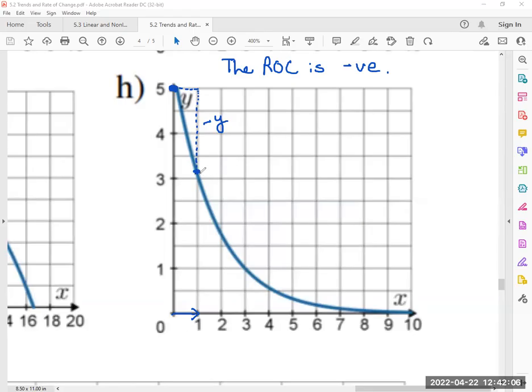If I move again 1x towards the right, my y value had to decrease, and so on and so on. You get me? So yeah, I'm going down. So the answer is the rate of change is negative.